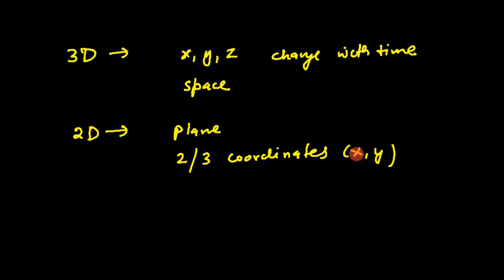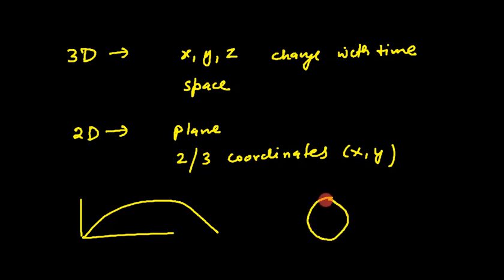Here I'm going to give an example: suppose we are throwing like this. This is a projectile motion, or some circular motion. That is an example of two-dimensional motion.